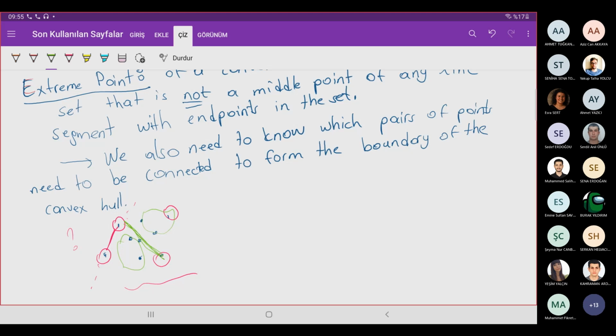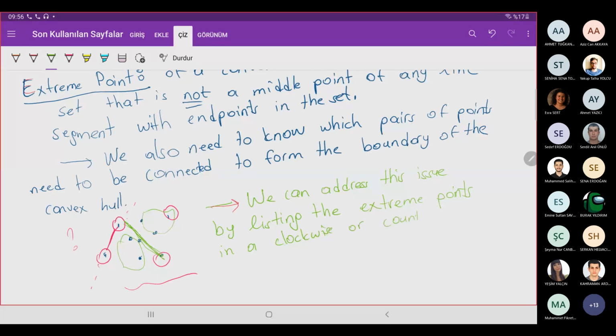We can address this issue by listing the extreme points in a clockwise or counterclockwise order.